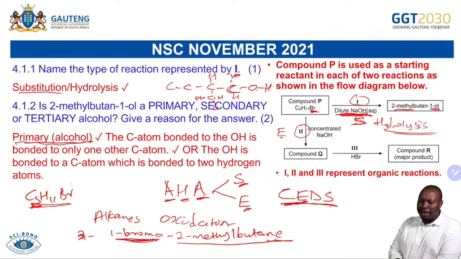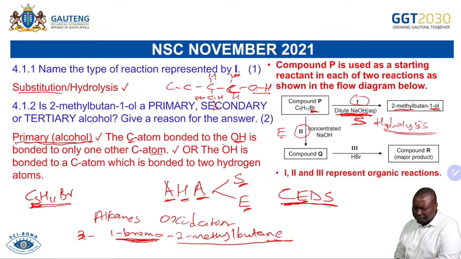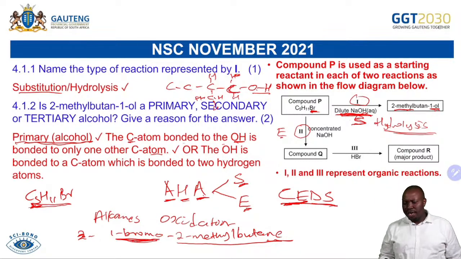Why will it be a primary alcohol? It will be a primary alcohol because the carbon atom that is bonded to the OH is bonded to only one other carbon. You can as well say the carbon that is bonded to the OH is bonded to 2 hydrogens.